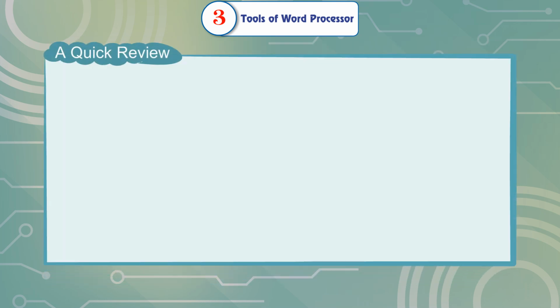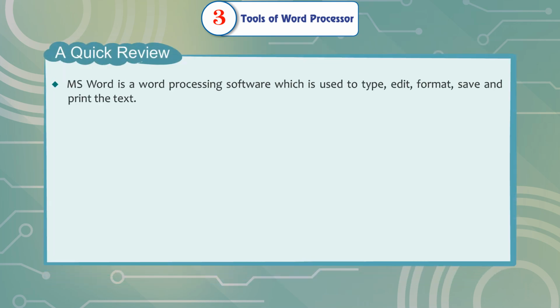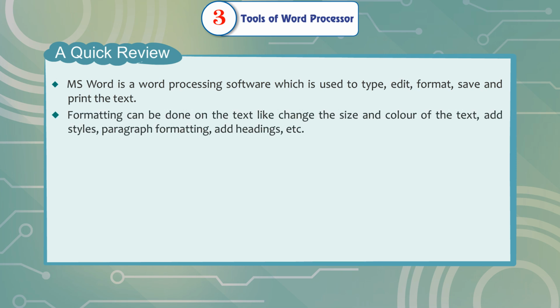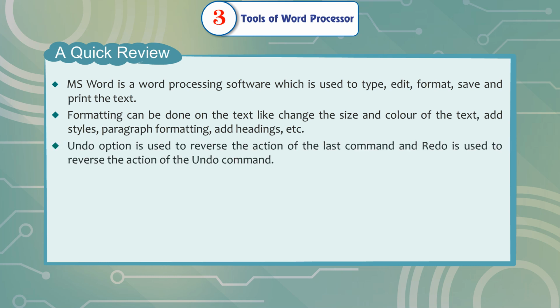A quick review. MS Word is a word processing software which is used to type, edit, format, save and print the text. Formatting can be done on the text, like changing the size and color of the text, adding styles, paragraph formatting, adding headings, etc. The Undo option is used to reverse the action of the last command, and Redo is used to reverse the action of the Undo command.